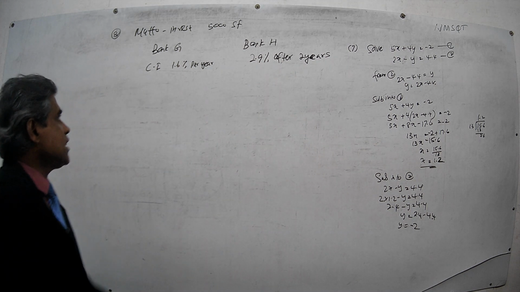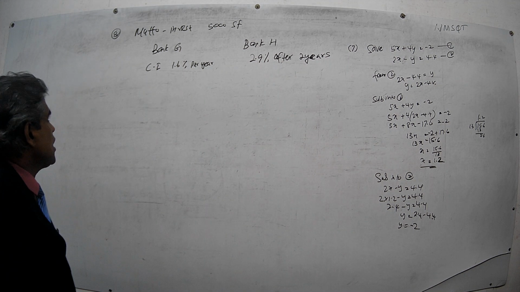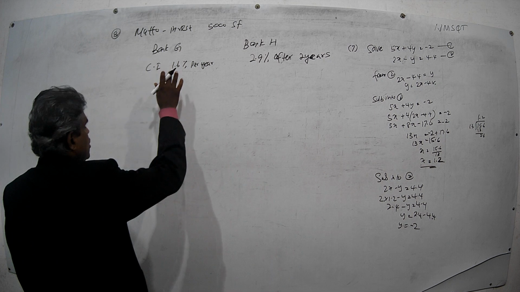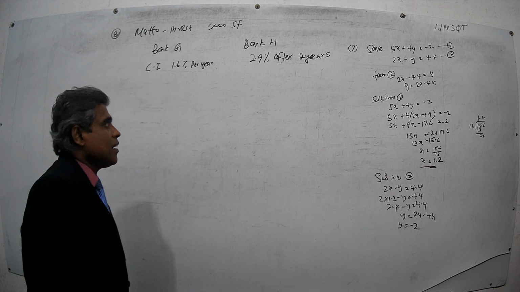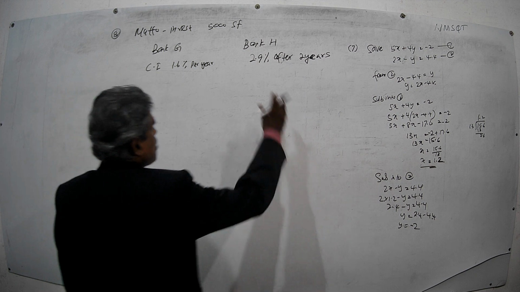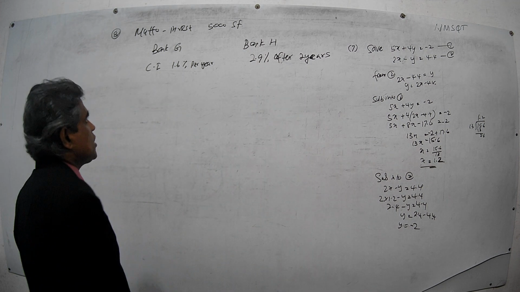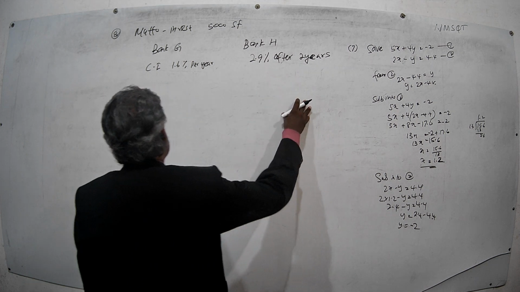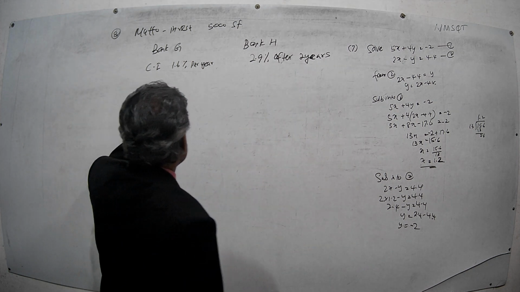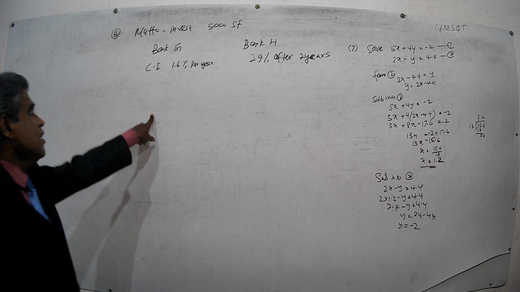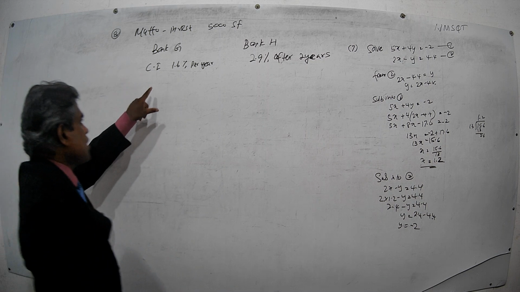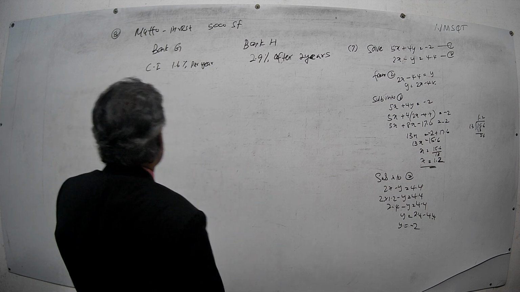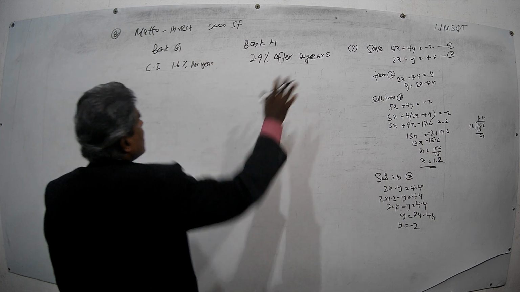Then we have to calculate the interest earned from bank G for 2 years, and also the interest earned from bank H for 2 years, and we compare. The interest from bank G for 2 years is greater, and they ask how much more.